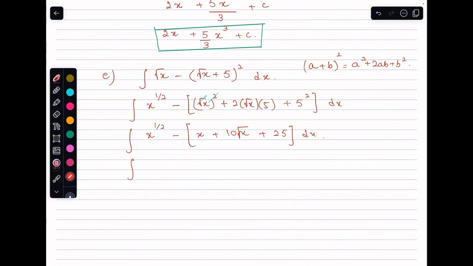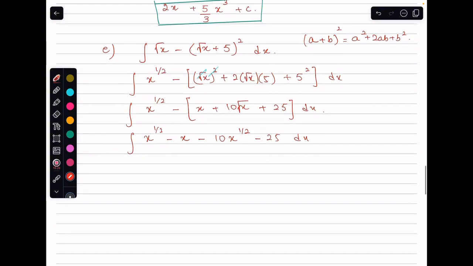So meaning I should be having here x to the power 1/2 minus x minus 10x to the power 1/2, and then a minus 25 dx. So the two terms here, x to the power 1/2 and minus 10x to the power 1/2, I can solve the two of them, and I can say that this is a minus 9x to the power 1/2, and then a negative x and a negative 25 dx.